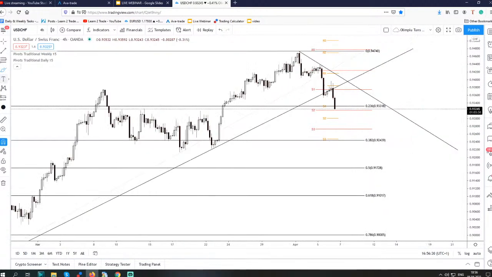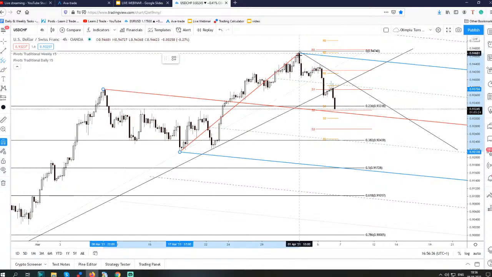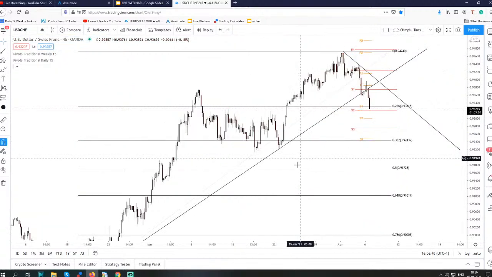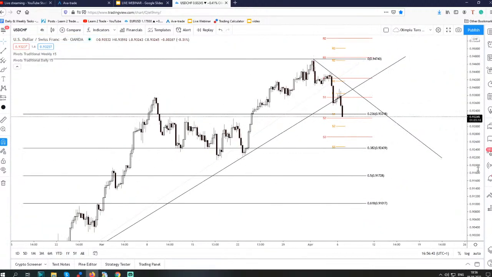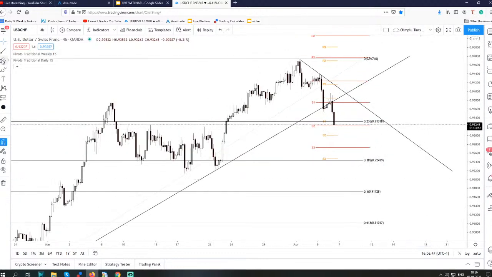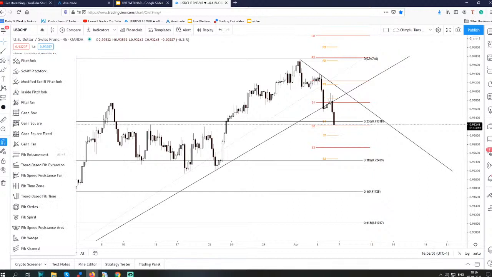Now let's try to draw also a descending pitchfork here. If you want to use the Andrews pitchfork trading tool, you can select it, depending on your platform. You have the Andrews pitchfork also in the MetaTrader 4 and 5 platforms, also on other trading platforms.